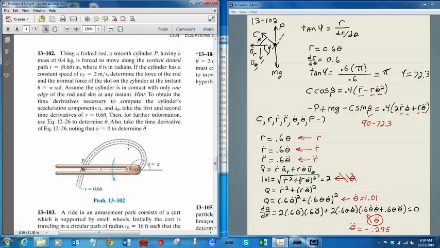Okay, so here I just plug in the angle theta equals pi, and I find that r is equal to 1.88. Then I have the theta dot, and so I just multiply by 0.6, and I find that r dot is equal to 0.607.